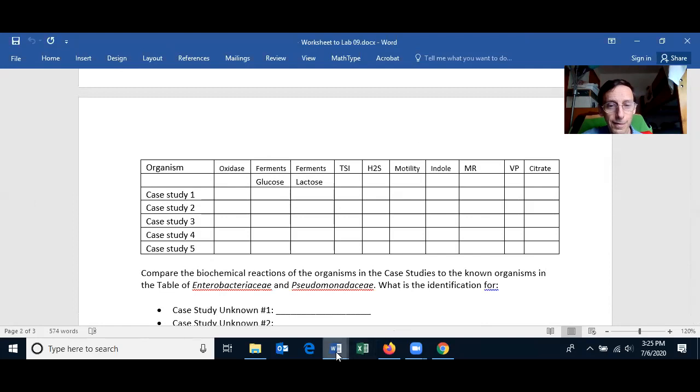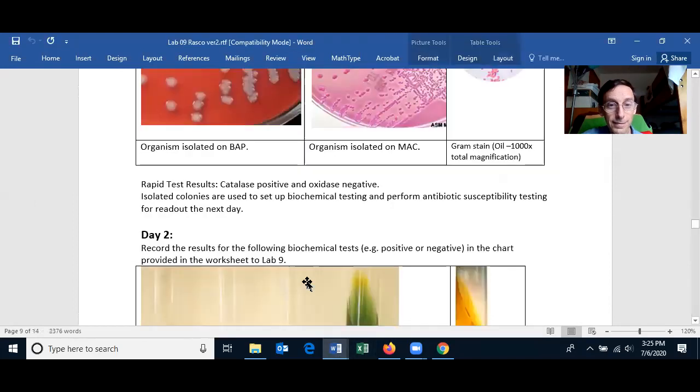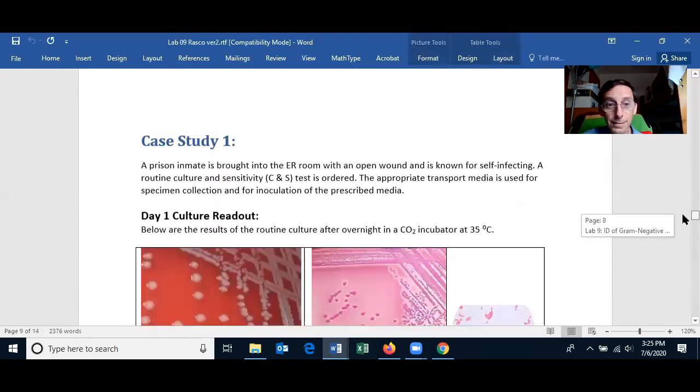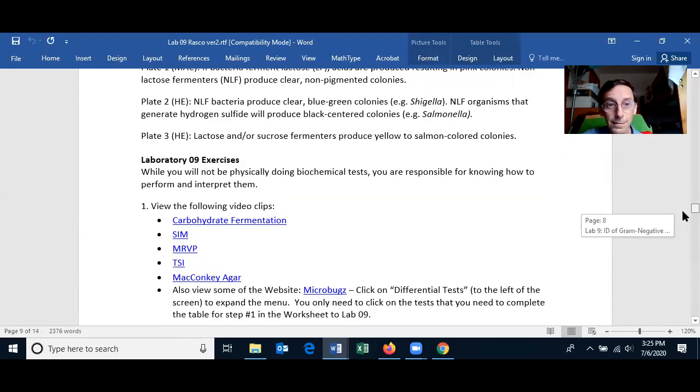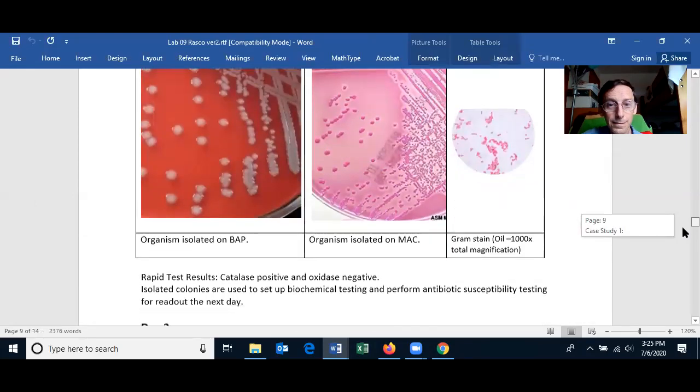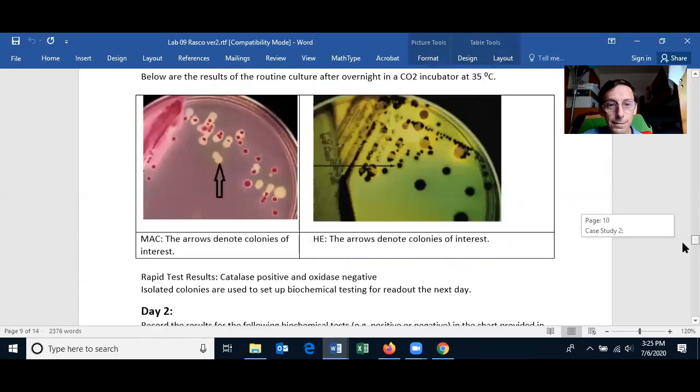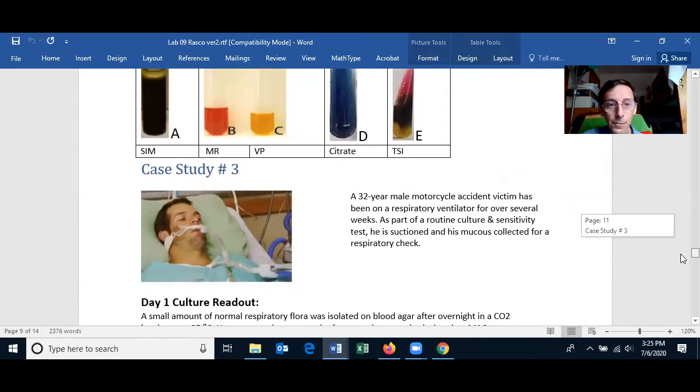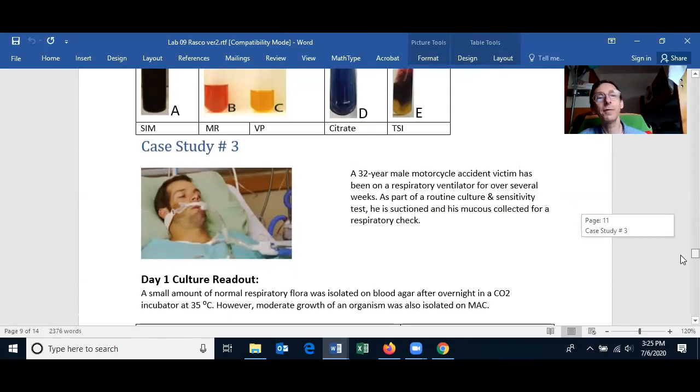What the heck? Where are the pictures of the people? Oh, well, for some reason, there's only a person in case study 3.